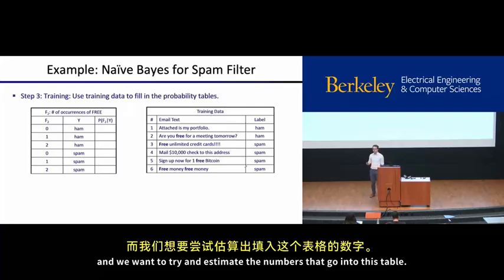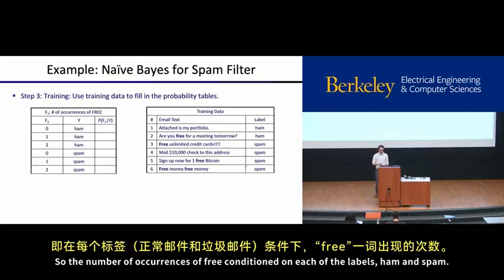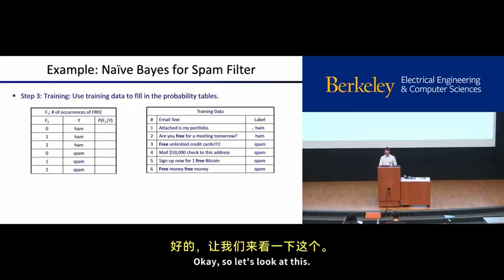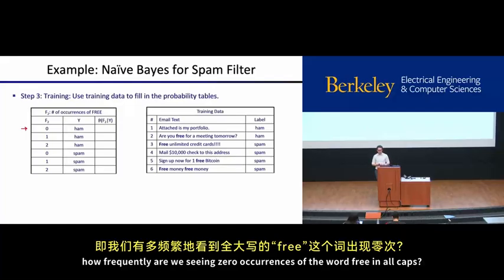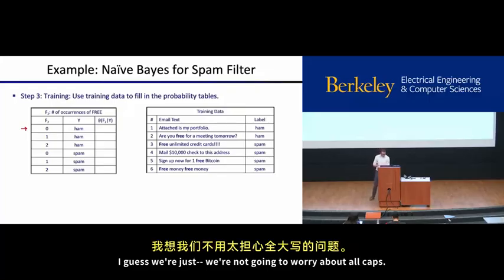And we want to try and estimate the numbers that go into this table, right? So the number of occurrences of free conditioned on each of the labels, ham and spam. Okay, so let's look at this. This first line here is saying, how frequently is the feature 0? How frequently are we seeing 0 occurrences of the word free in all caps? I guess we're not going to worry about all caps.